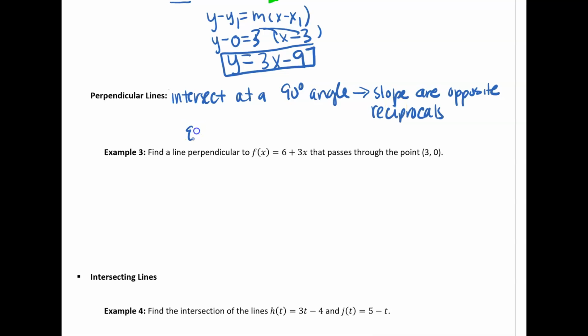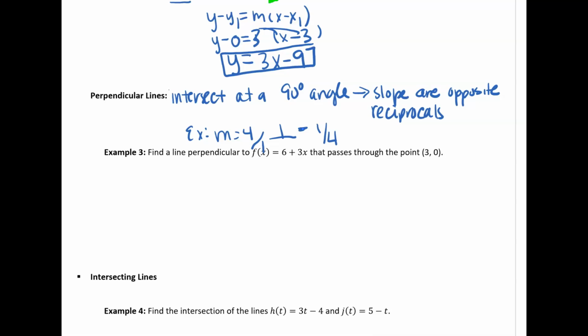It means that if I had, here's a little example, say I had a slope of 4 and I wanted something to be perpendicular to it. Let me give you some better words to go with that than just opposite reciprocals. If your slope is not a fraction, put it over 1. What you're going to do is flip it to 1/4 and change its sign. So if one's positive, the other one's negative. So opposite reciprocal: flip and change its sign.